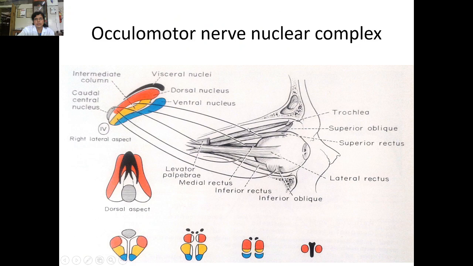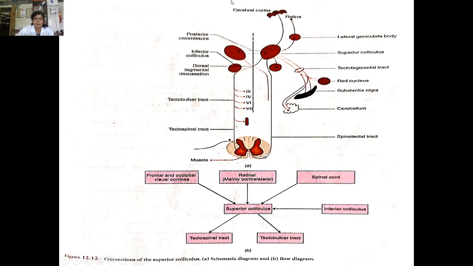superior colliculus. In this upper diagram, the superior colliculus mainly receives afferents from the retina, through the optic tract and the superior brachium. Then it also receives afferents from the cerebral cortex, that is the visual cortex. It also receives afferents from the opposite side superior colliculus, and afferents from the same side inferior colliculus.